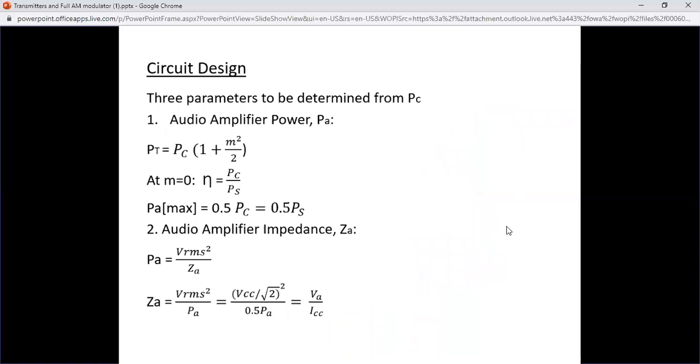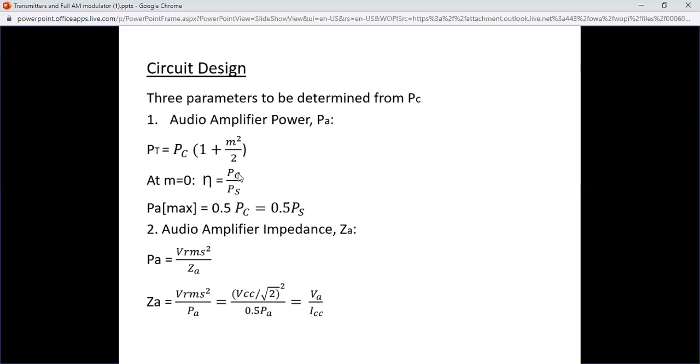Okay, so for the circuit design, we need to determine 3 parameters from the carrier power. The first one is the audio amplifier power, represented by PA. Starting with the audio amplifier, we know that the total power is equal to the carrier power multiplied by 1 plus m squared over 2.